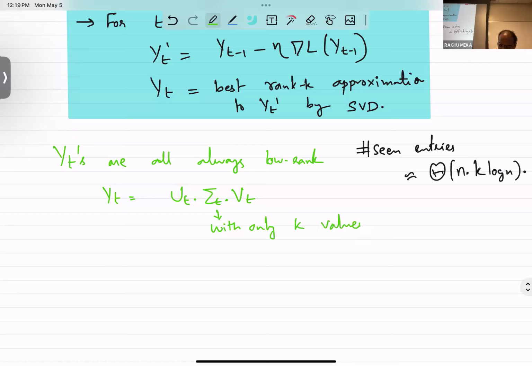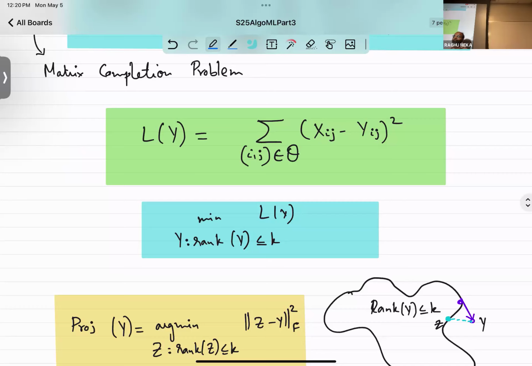And then the other thing is the gradient is a sparse matrix, because what is the gradient of L? The gradient of L only depends on the entries in theta. So the gradient is basically 0 at any entry that you do not see. So you have to exploit that in your representation as well.